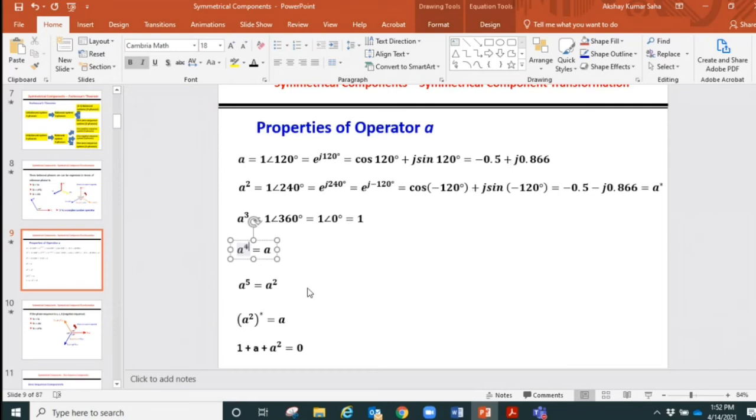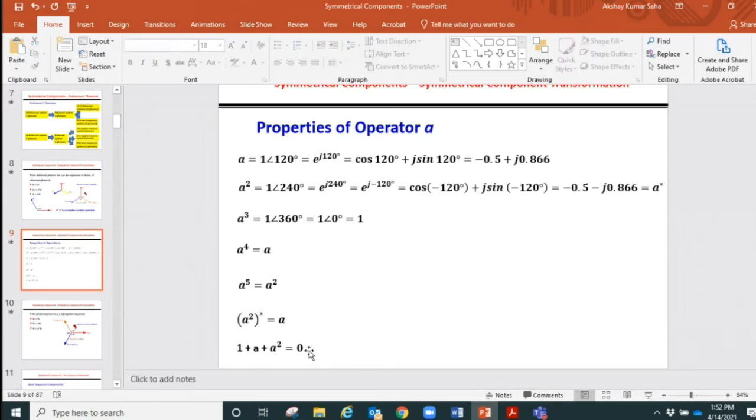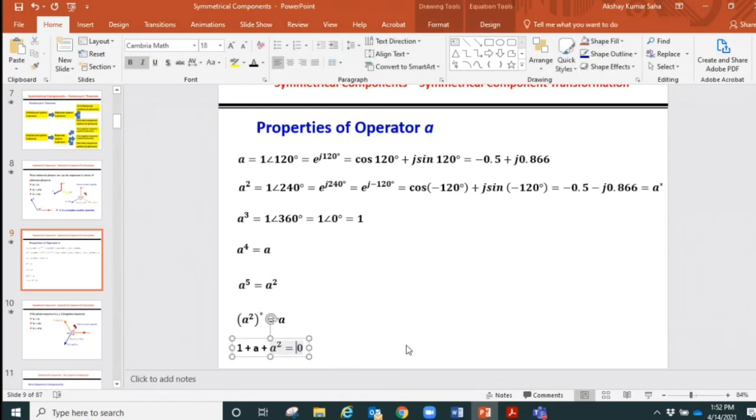If we go on further, we'll find that a to the power 5 will be a squared, because a cubed times a squared gives a to the power 5, and a cubed is 1, so it's a squared, which is also a conjugate, which you can remember. And then if we take the conjugate of a squared, we get a. And the final one is 1 plus a plus a squared. This last one is very useful as well.